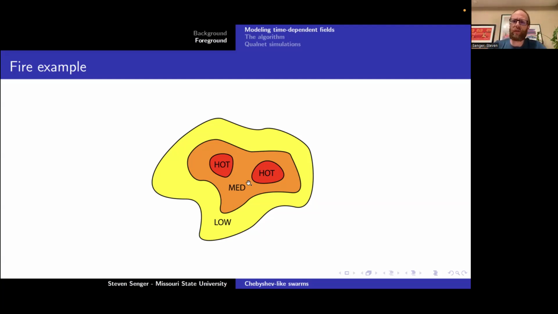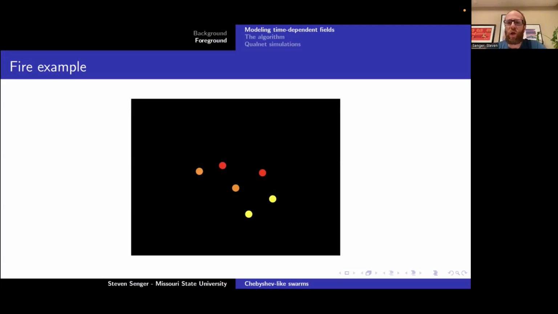Okay, so let's look. I'm going to show you several pictures of just samples from the swarm. So if my swarm is nice and spread out, I might see like, the fire is not super hot in some places. It is super hot in other places, and it's sort of medium over here.